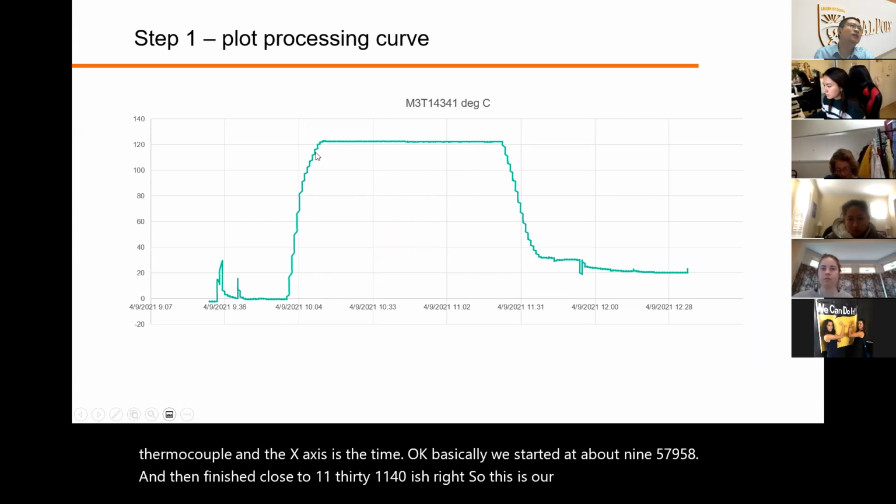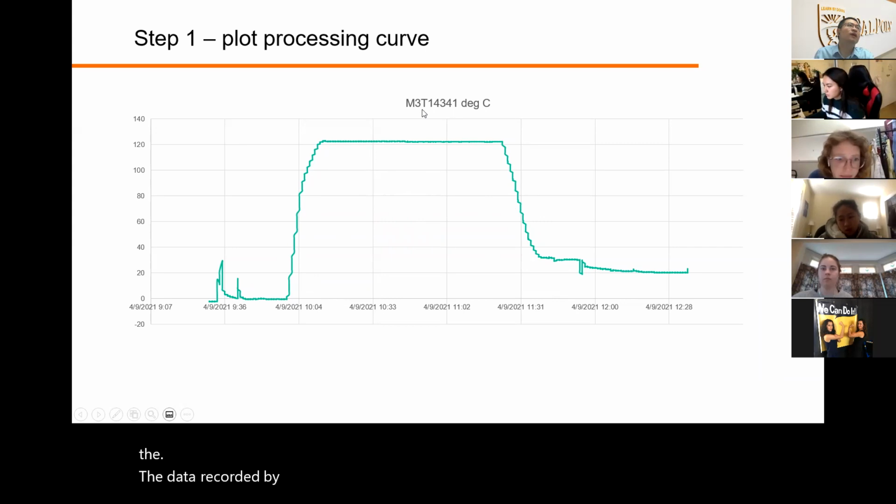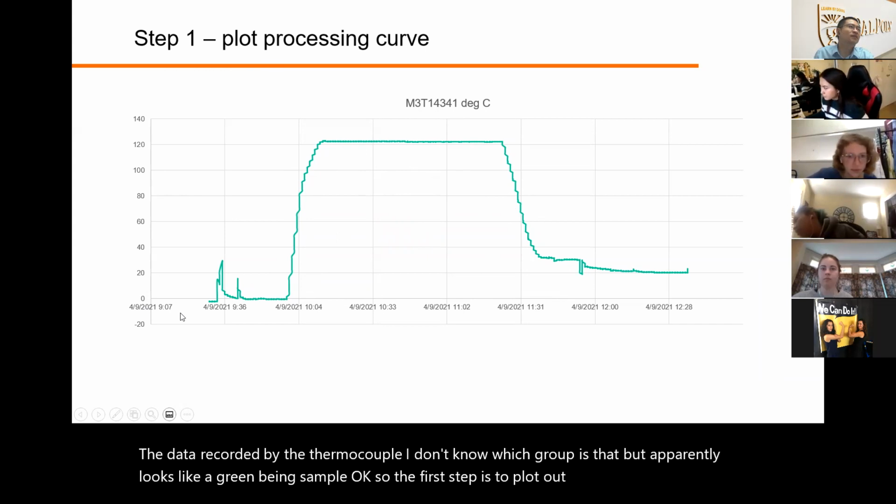We have a heating up period, and we have a cooling down period. And this is the data recorded by the thermocouple. I don't know which group it is, but apparently it looks like a green bean sample. So the first step is to plot out the temperature against the time curve.